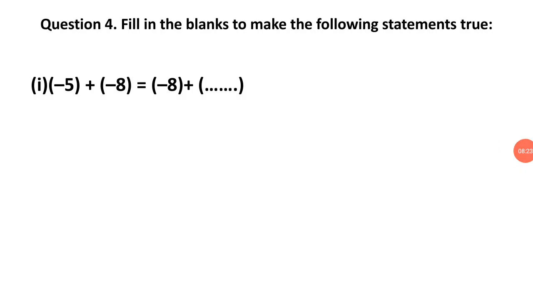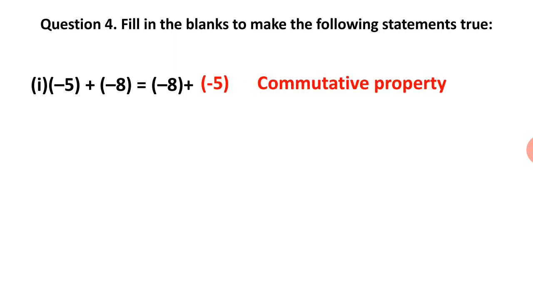If you think of the number that can be put in the blank, it will be obviously -5. And which property? It is the commutative property, wherein we can say that A plus B is equal to B plus A.